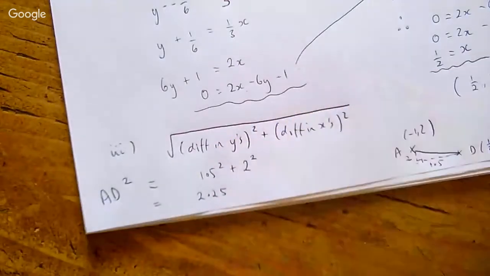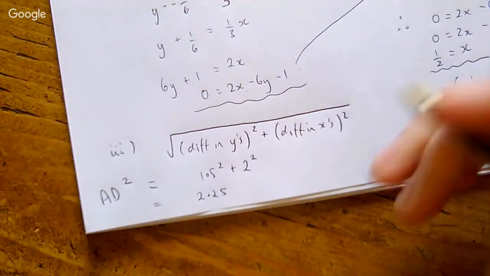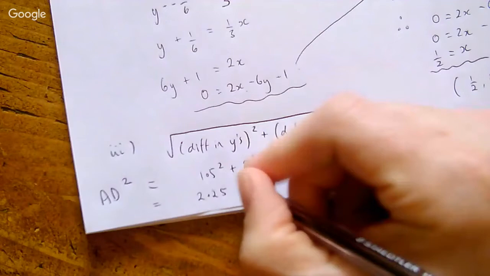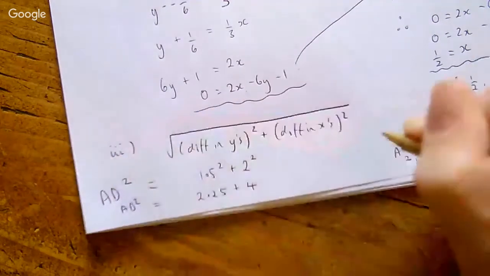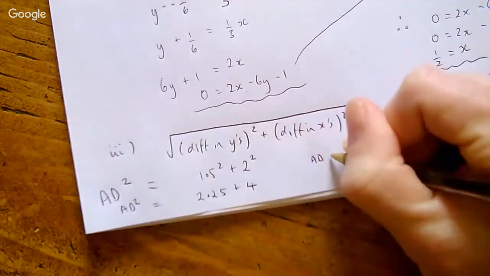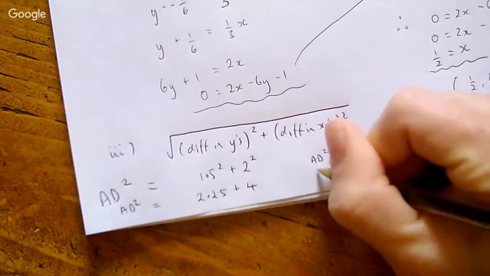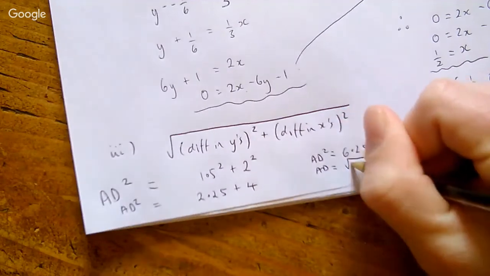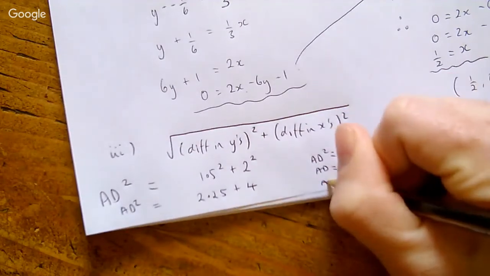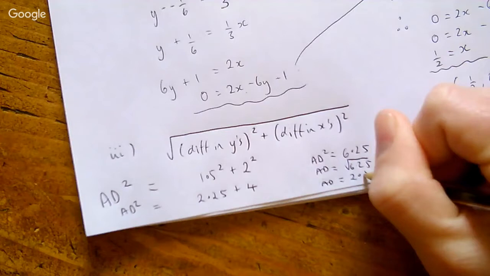But if you didn't, you just do some working by the side. Plus 2 squared is 4. So AD squared is equal to 6.25. So AD is equal to root of 6.25, and I'm pretty sure that's 2.5.